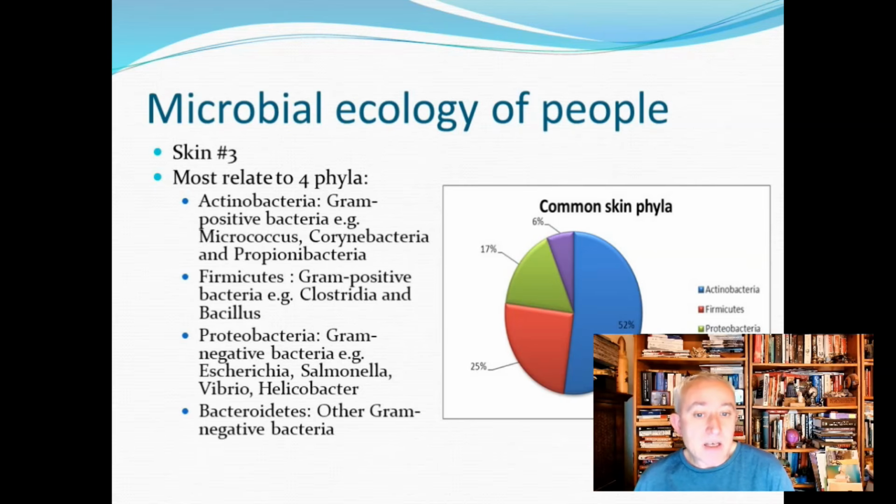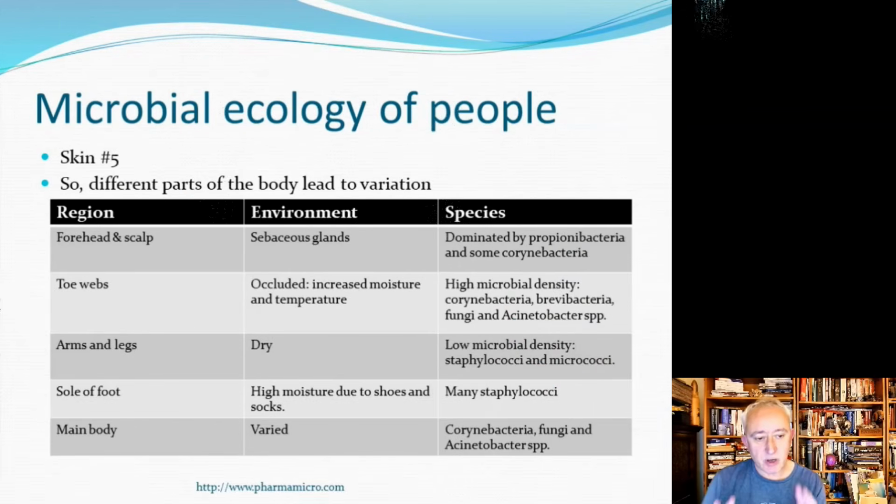However, there are 4 phyla that make up the vast majority, and these are the actinobacteria, so these are gram-positive organisms like Micrococcus, Corynebacterium, Propionibacterium, Cutibacterium. Then there are firmicutes, organisms like Clostridia and Bacillus, proteobacteria, which are some gram-negative bacteria, and Bacteroides as well, which is also a group of gram-negatives.